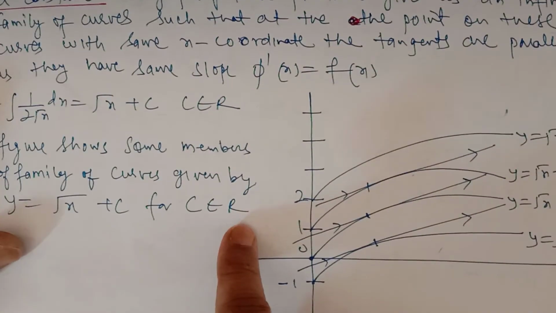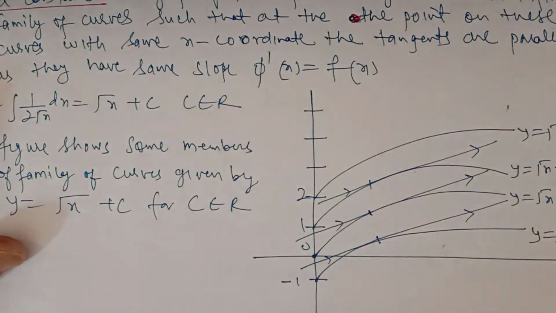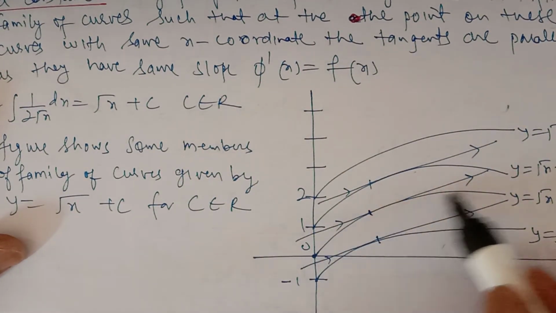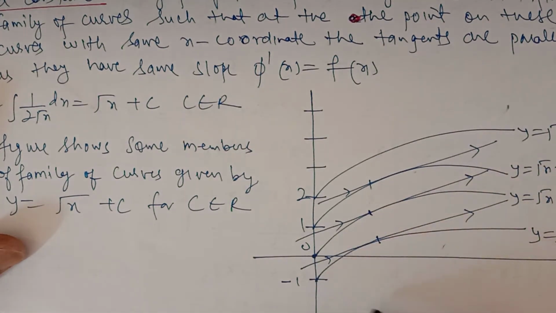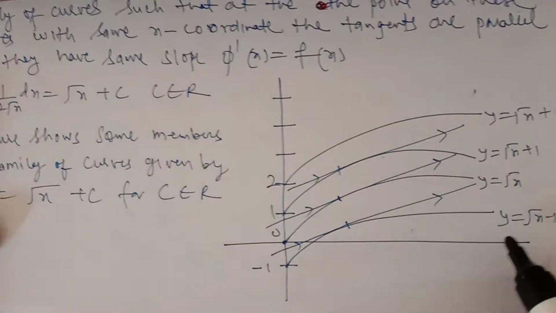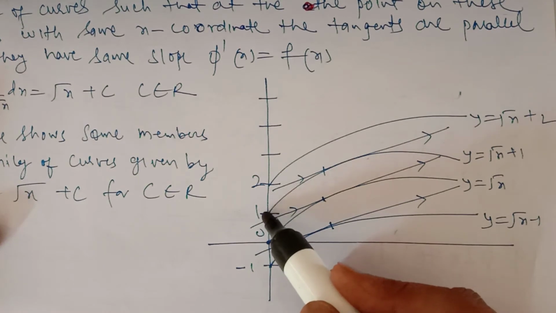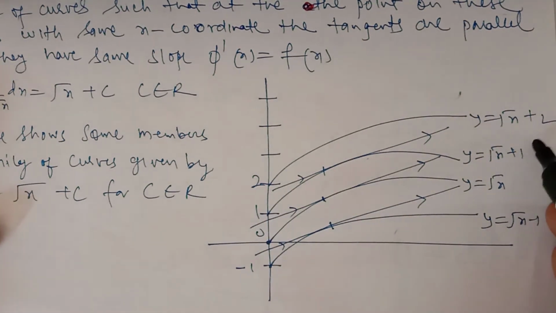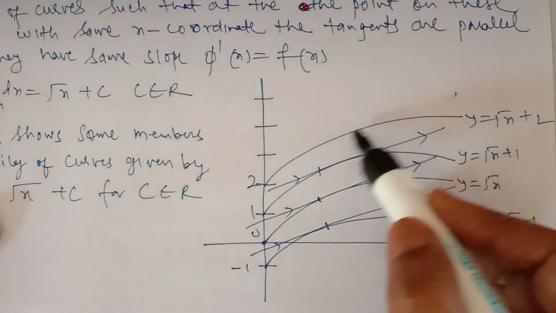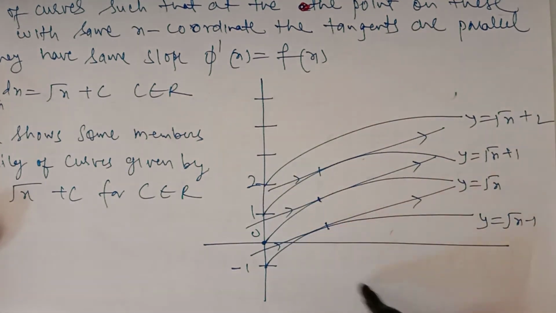If c is equal to 0, this parabola will be passing through the origin like this. If the value of c is minus 1, it will pass through minus 1 like this. If the value of c is 1, we'll get a parabola passing through 1. If c is equal to 2, we'll get the parabola passing through 2, and so on.